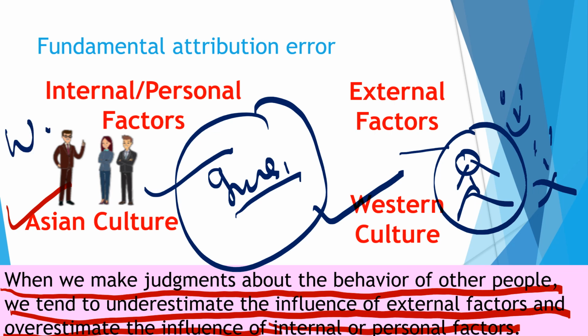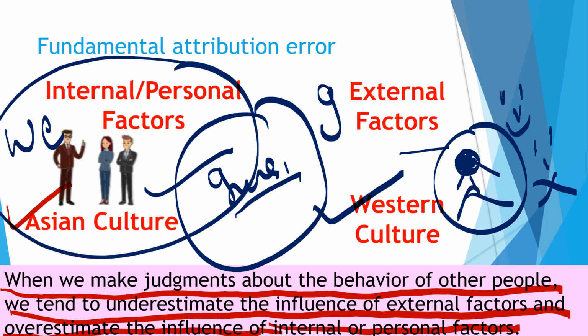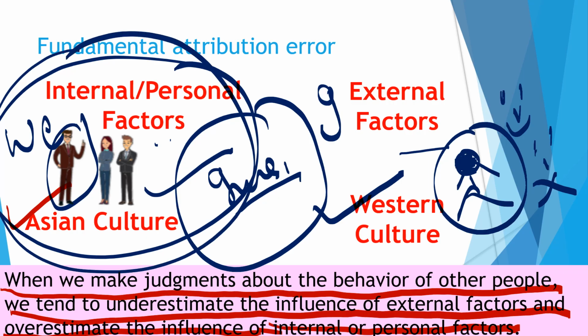There we have this 'we' thing and there we have this 'I' thing. Whenever anything good or bad happens, the individual manager takes the blame. Whereas in the other case, the whole organization takes the blame, and if anything good happens, the credit will not be given to the single manager, but to all. So this is the fundamental attribution error.